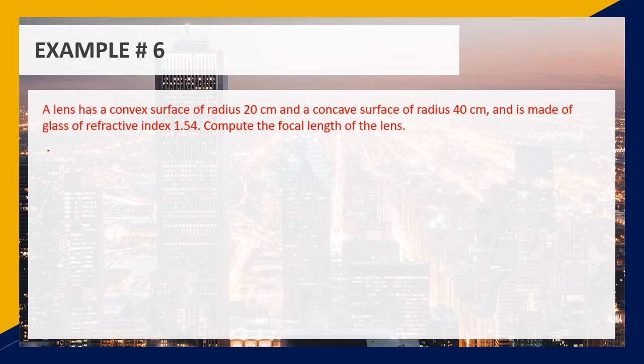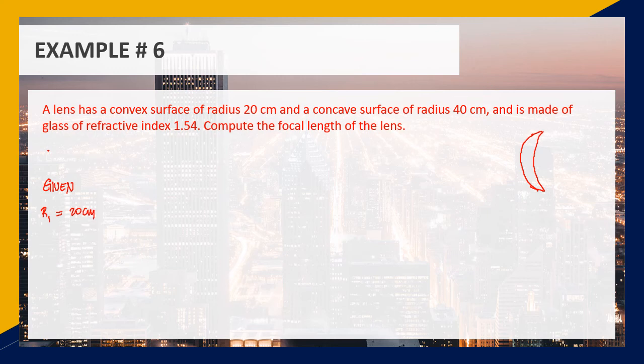So ang forma sa atong lens karon murag ani na siya. Ang isa ay convex, ang isa ay concave. So una nato buhaton isilista nato tanan given. Radius for convex is 20 centimeter, so radius 1 is equal to 20 centimeter.